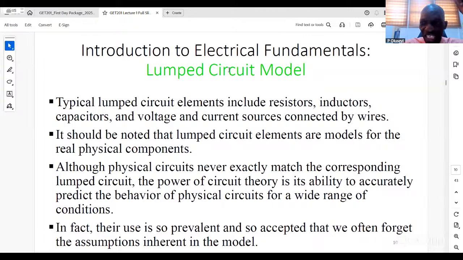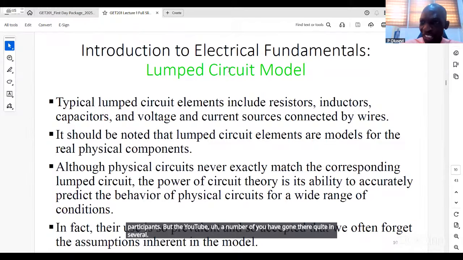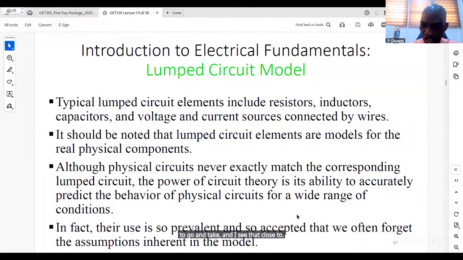And another thing is that, just like the last speaker said, even if you want to watch it again, it's on YouTube. This lecture is being live streamed now, because the Zoom link has capacity for 300 participants. A number of you have gone to YouTube to check, and I see that close to 100 were there the last time, even though I was expecting more, because this course is for 1,000 plus students.